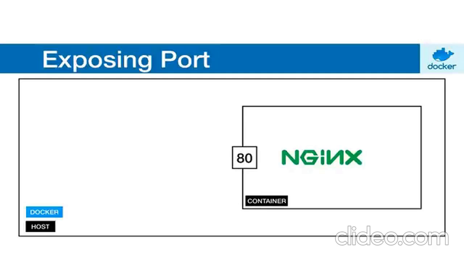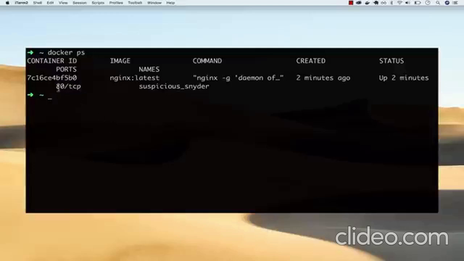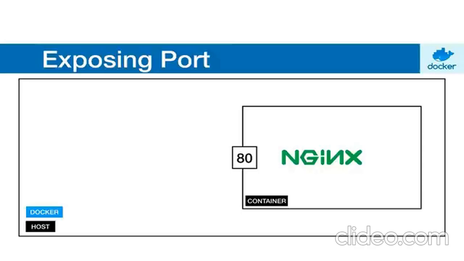Let me show you this again. Right here, you can see that we have ports and then 80 and then /TCP. So what we want to be able to do is, from the host, issue a request to our container, which is exposing port 80.